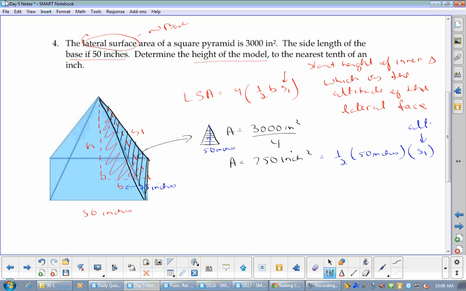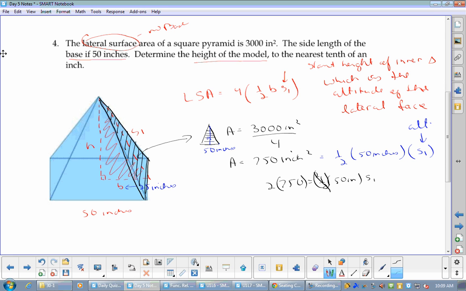Like this here is 750. And 750 equals 1/2 AB. Now, I'm just going to rewrite this without the A so you can see it. 750 equals 1/2 times 50 times S1. How do you solve for S1 now? How do you get rid of that half on that right side? Multiply both sides by 2, right? And that would cancel there.